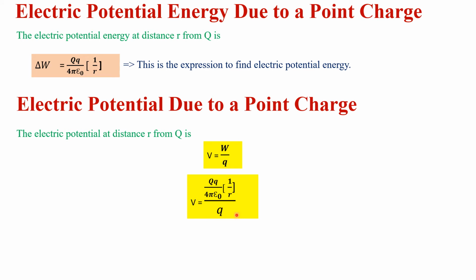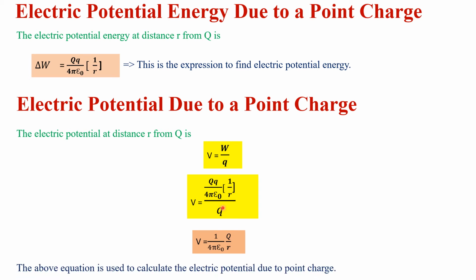Putting the value of work done, we get V equals Qq divided by 4 pi epsilon naught into 1 upon r, and the whole term is divided by q, and then by cancelling q with q we get V equals 1 upon 4 pi epsilon naught Q upon r, and this is the formula for calculating electric potential. So the above equation is used to calculate the electric potential due to a point charge.